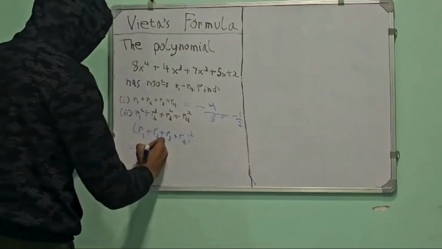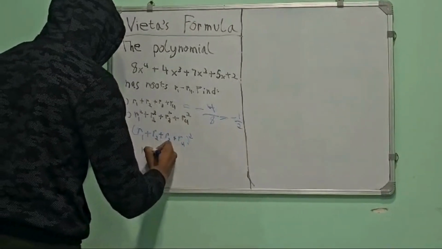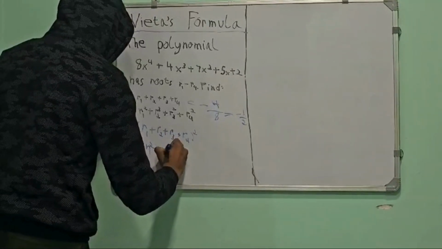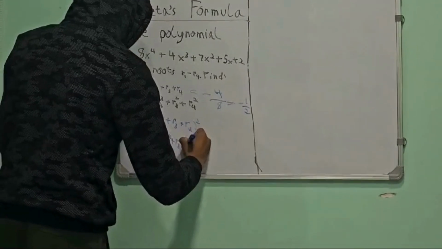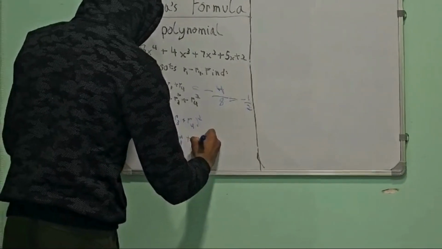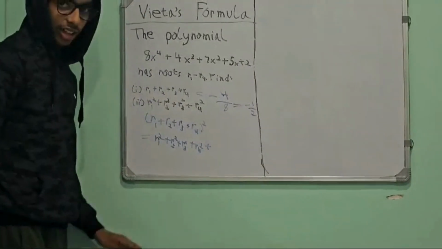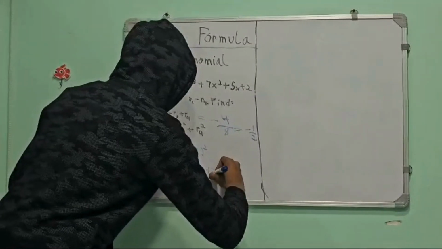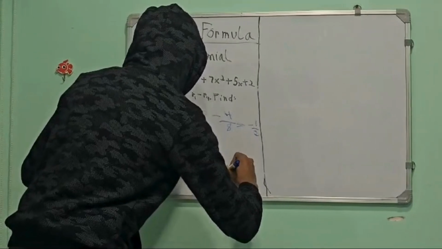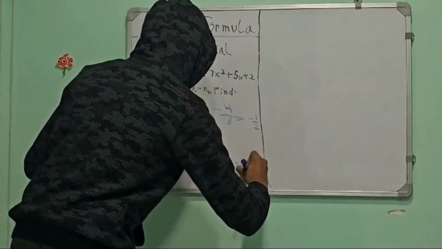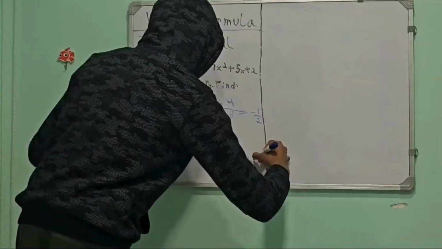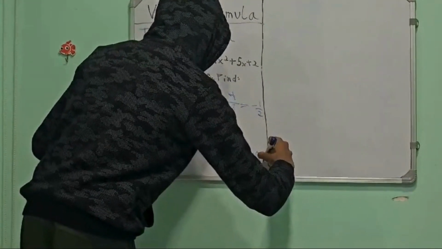So this is going to be equal to r1 squared plus r2 squared plus r3 squared plus r4 squared, but this is going to have an additional factor of 2 times r1 r2 plus r1 r3 plus r1 r4 and so on.